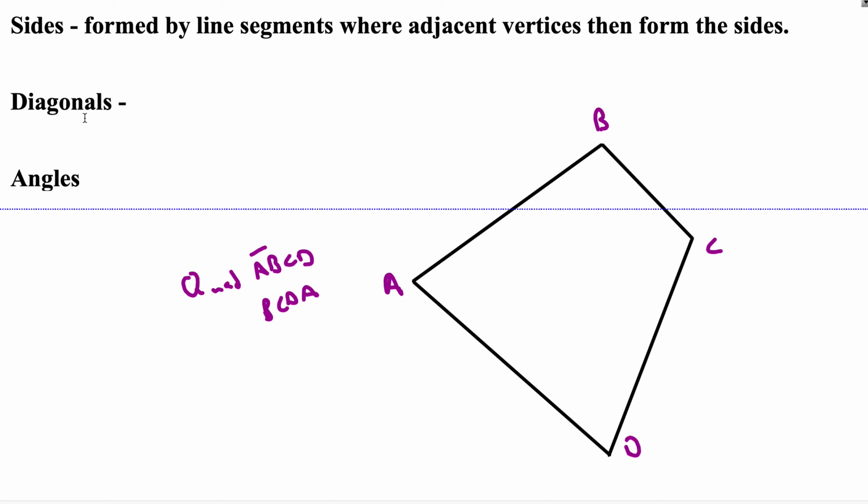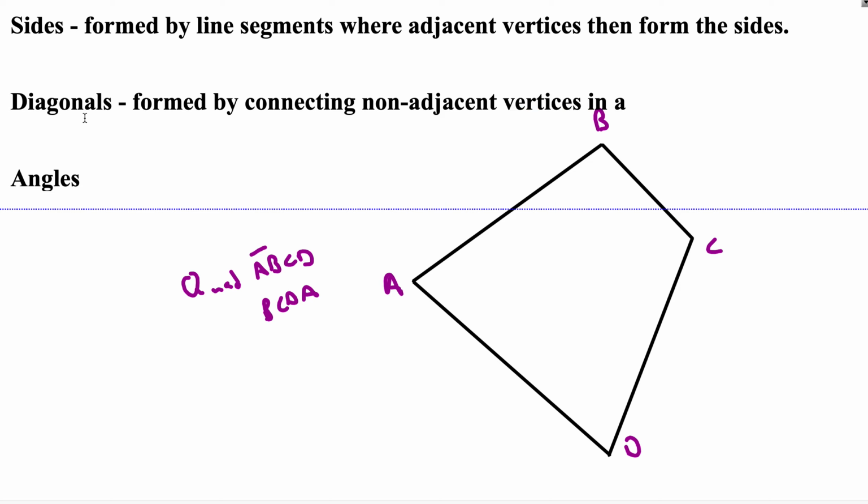Diagonals are formed by connecting non-adjacent vertices in a polygon.